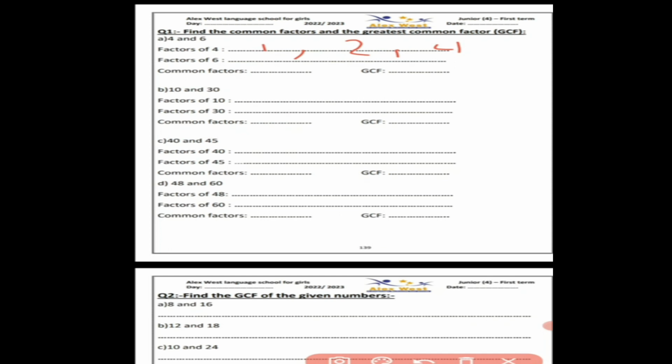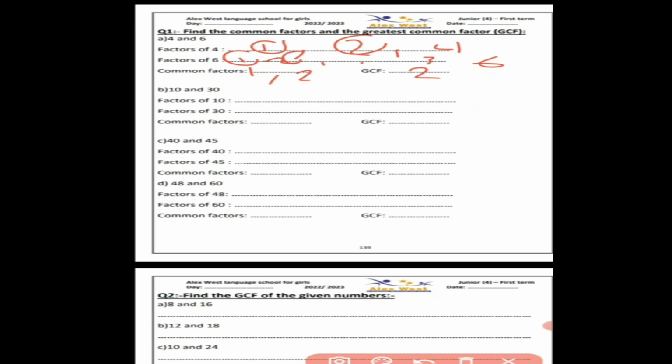Factors of 6: 1 times 6, 2 times 3. So the common factors between 4 and 6 are 1 and 2. The greatest common factor is 2.